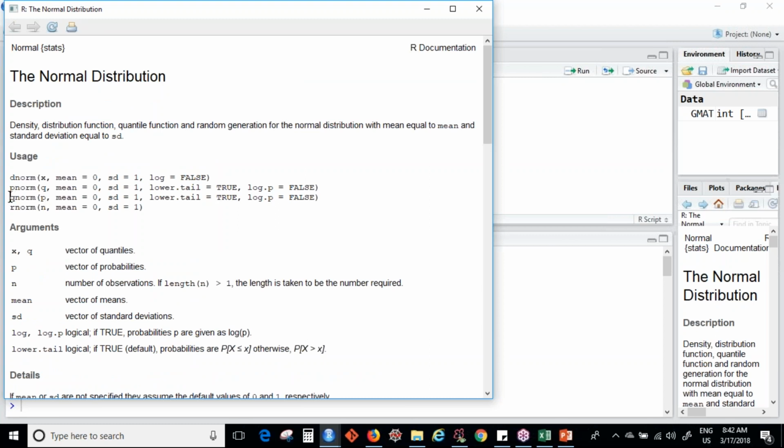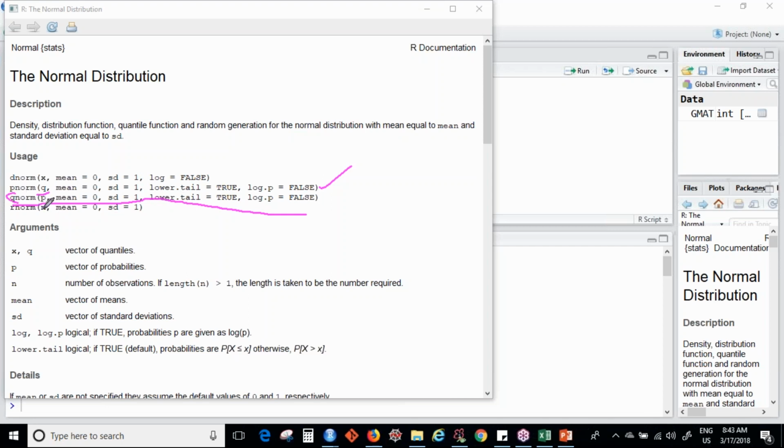I find another function called qnorm. And see, qnorm has probability written into it. This is the only function which has probability inside, all others have x. We were using pnorm till now, where we had to give the value of x. But now we want to find the value of x given some probability. So that means we will be using the qnorm function.